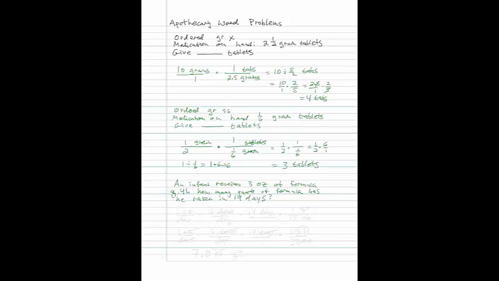So this infant takes 3 ounces per dose. Now, every 4 hours, that would be 6 doses per day, 4, 8, 12, 16, 20, 24. So it would be 6 doses per day.